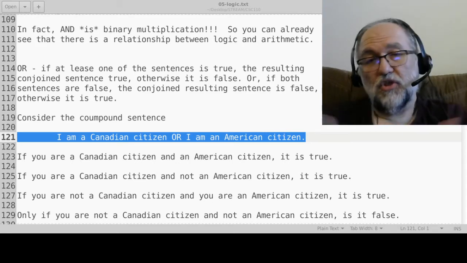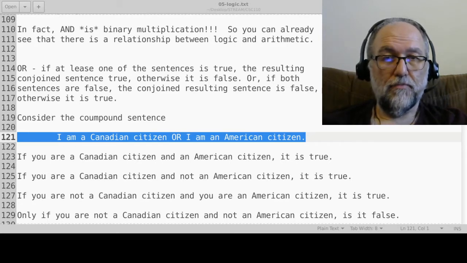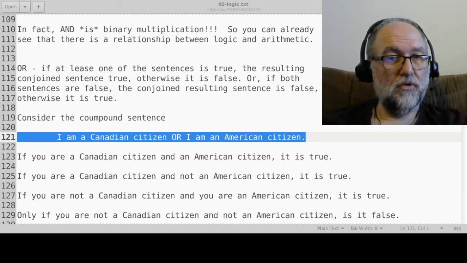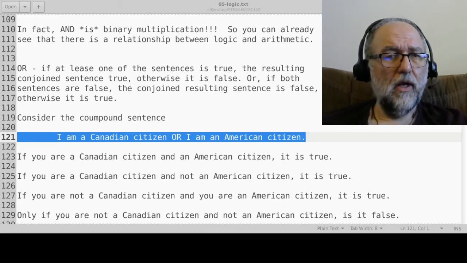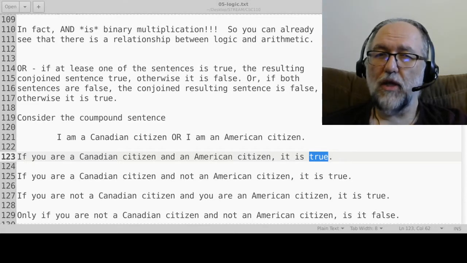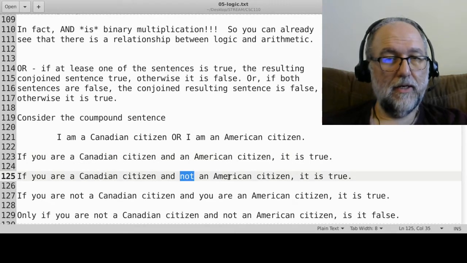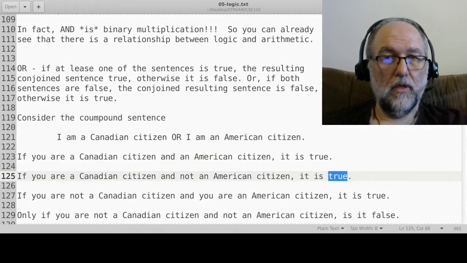Or if I were to just say I am a Canadian citizen or I'm an American citizen, that would be true, because at least one of the two is true. A little bit awkward, but it's true. So if you're a Canadian citizen and an American citizen, it's true. But it's also true if one of the two is false. So if you're a Canadian citizen but you're not an American citizen, it's still true.